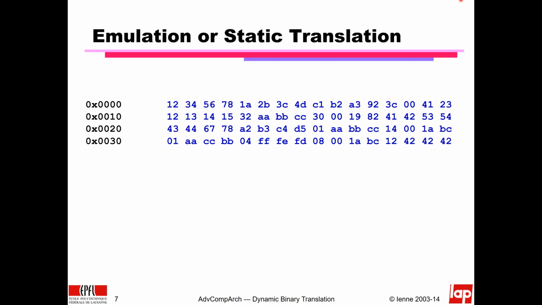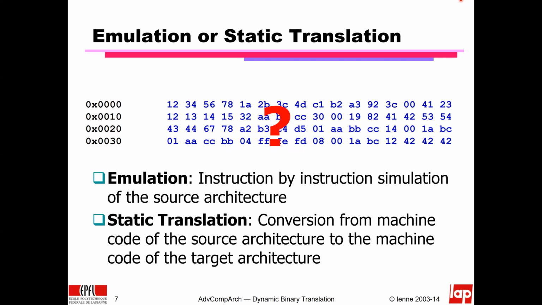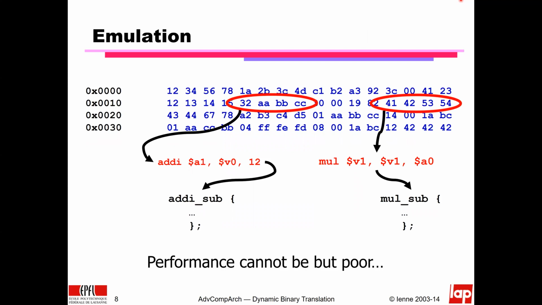Go and fetch at this address, look at the bits that you get out from memory, try to understand what these bits represent in terms of encoding of the instructions in the source architecture, and go execute the correct functionality, simply by having a function that corresponds to each of the original instructions. I will have registers that are represented by variables in my program, and so on and so forth.